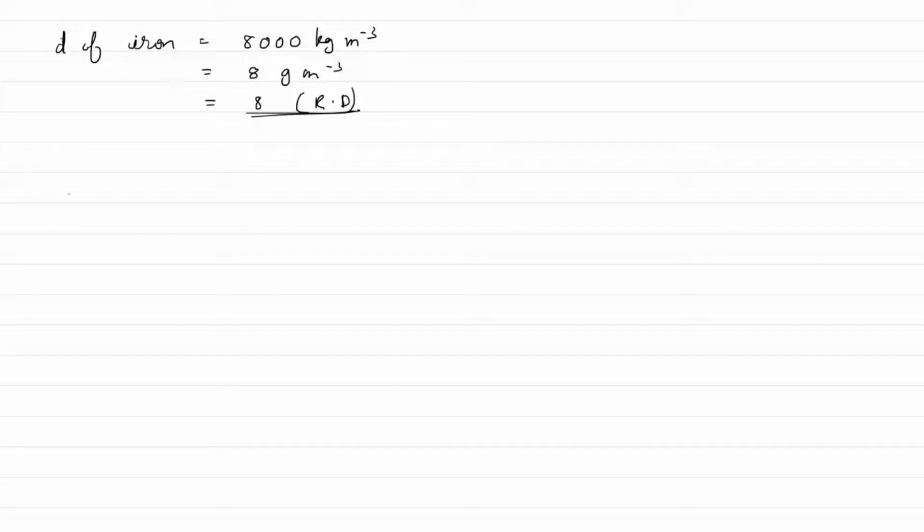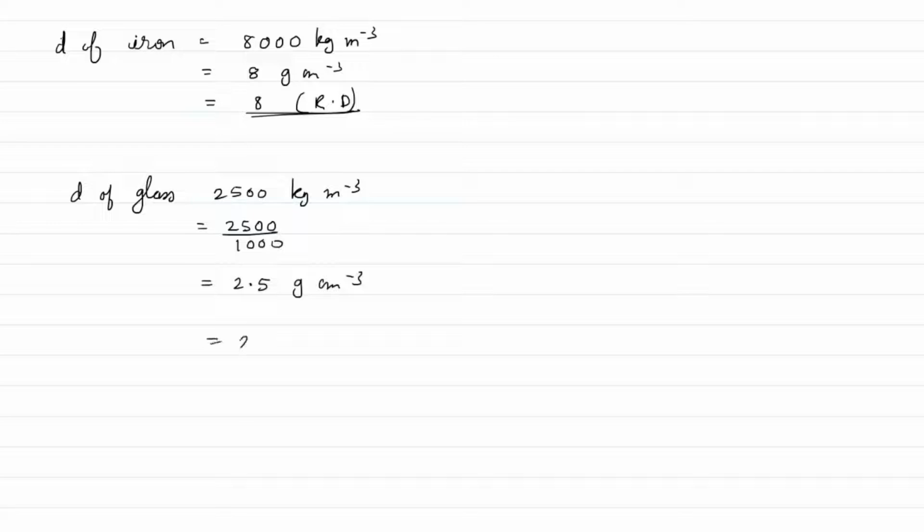I'll give you one more example. Let's say the density of glass is 2500 kg per meter cube. That will be 2500 divided by 1000, which is 2.5 gram per centimeter cube, and therefore 2.5 will be the relative density. So what will I write?